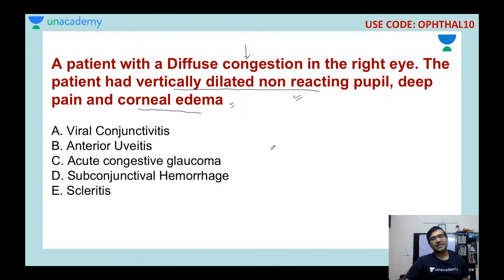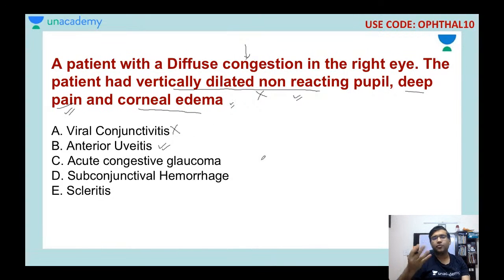What can be your answer here? So let's say first is viral conjunctivitis. I told you viral conjunctivitis, there is no pain. Okay, so it is basically out of question. Anterior uveitis, definitely there can be a congestion. Vertically dilated non-reacting pupil, it does not come in the uveitis. Uveitis patients can have pain, definitely.